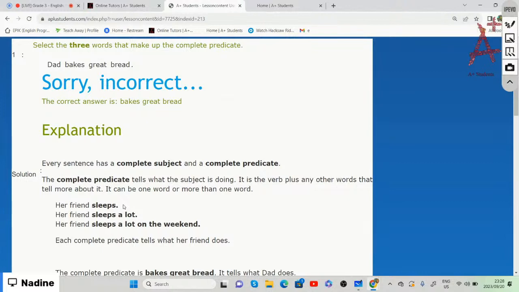And then we have her friend sleeps a lot on a weekend. So there we have a complete predicate which tells us what the subject is doing, and it is the verb plus any other words that tell us more about it. It can be one word or more than one word.